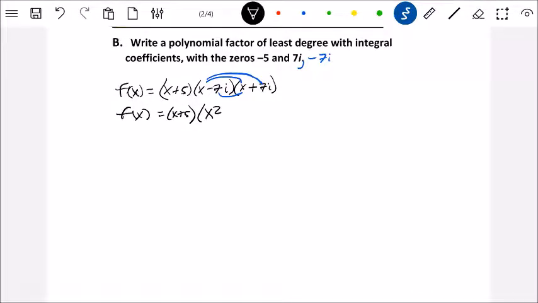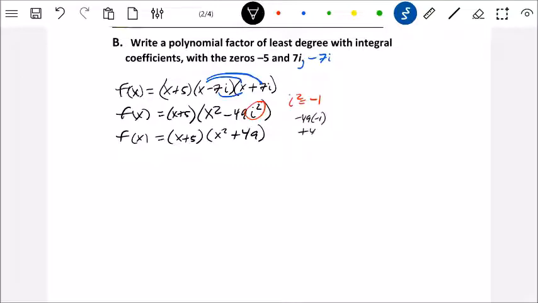But I am going to do the negative 7 times 7, that's negative 49i squared. But i squared equals negative 1. So that means we'll have negative 1 times negative 49 to make a positive. Well, let me write that out. That's x squared plus 49 now, because negative 49 times negative 1 is a positive 49.